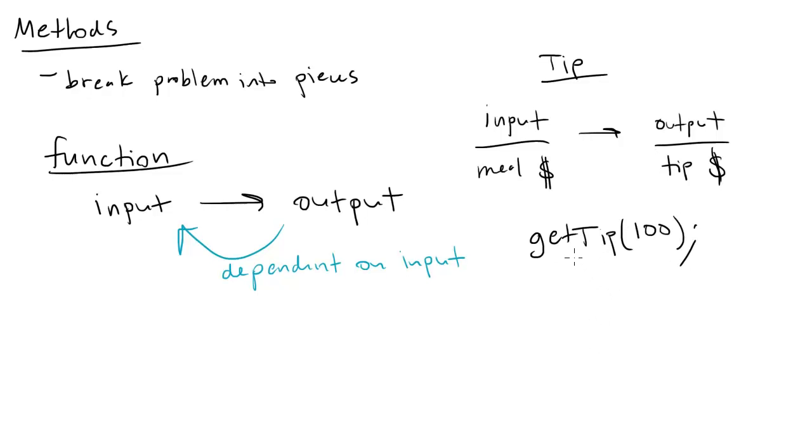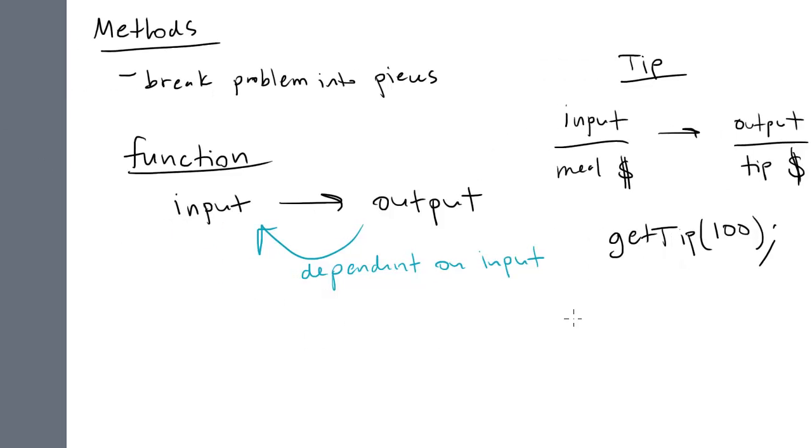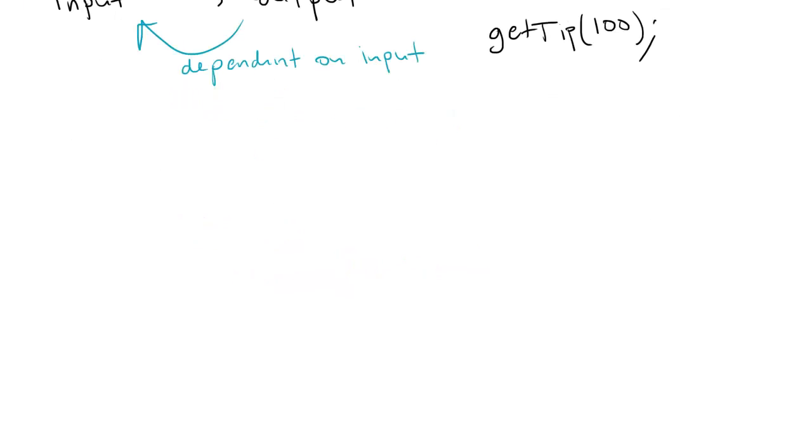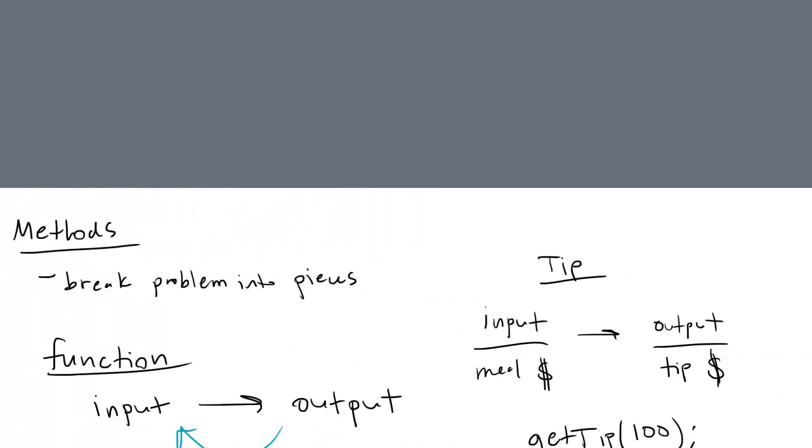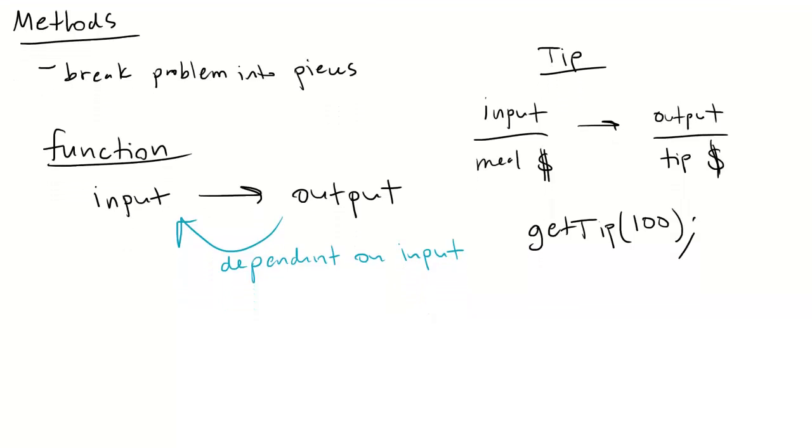When you do that, it will go in and you can define getTip to be whatever you want. In particular, when you get the tip of something, you might be taking the value of the input and multiplying it by 0.15 if you want to give a 15% tip.